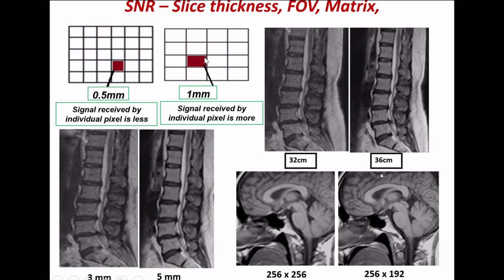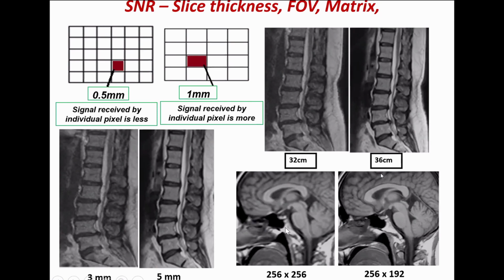This influences the slice thickness and your FOV. Here, an image with 32 centimeters and with 36 centimeters. And here you have 3 millimeters and 5 millimeters. So obviously, when you have increased slice thickness, you get better images. When you have a longer FOV, you get better images.